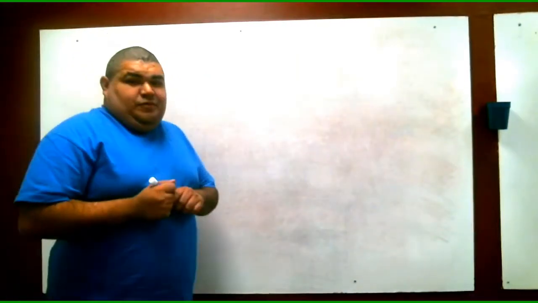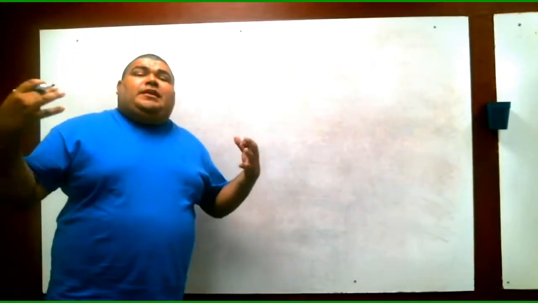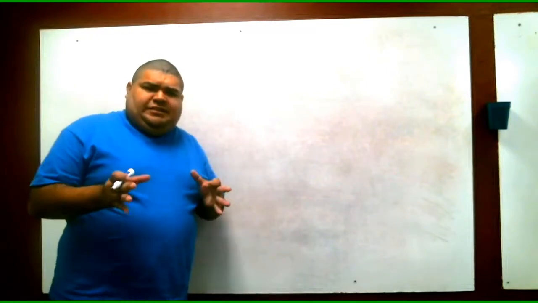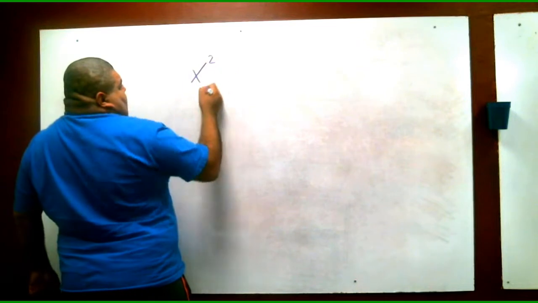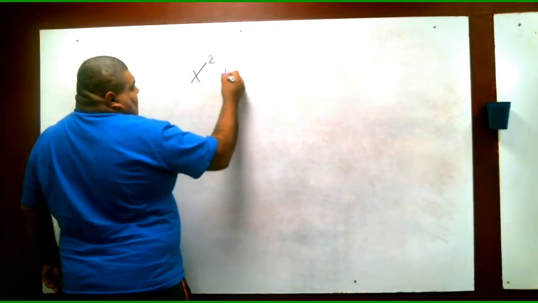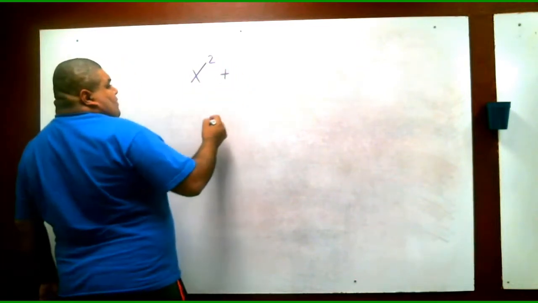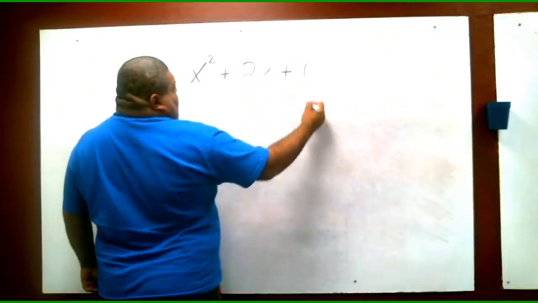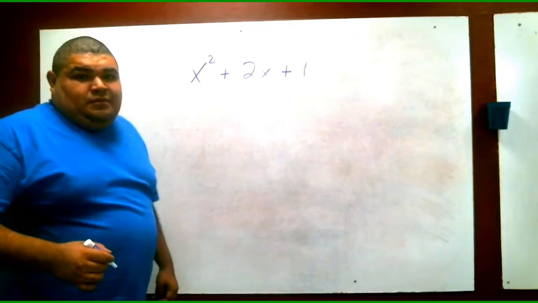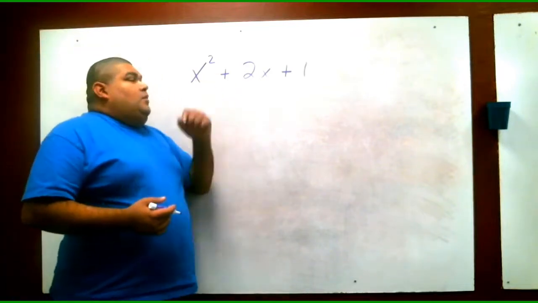Here's the example for today. We're going to do one without the a. We're going to start off very basic. We're just going to have x squared plus 2x plus 1. It's a quadratic, so the square.